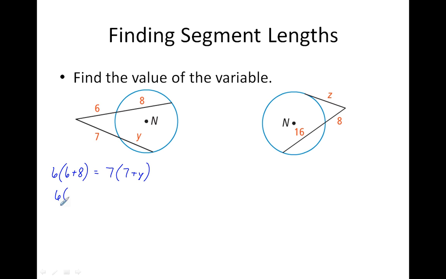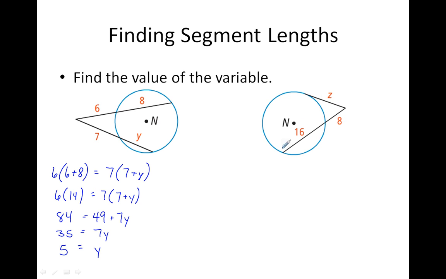So we have 6 times 14 equals 7 times 7 plus y. 6 times 14 is 84. If we distribute here, we have 49 plus 7y. Subtract 49 from both sides, and we get 7y equals 35. Divide both sides by 7, y equals 5.